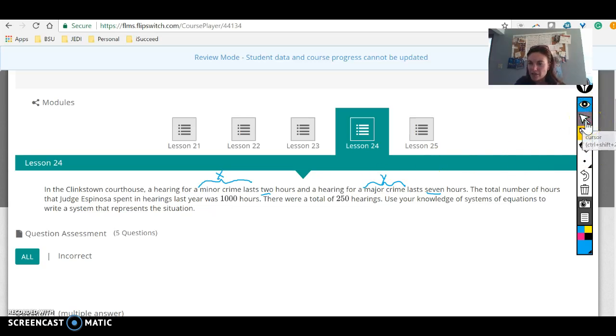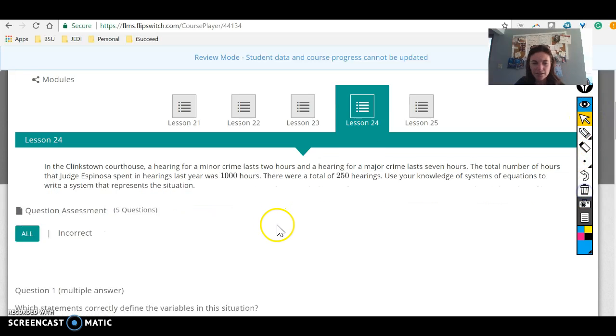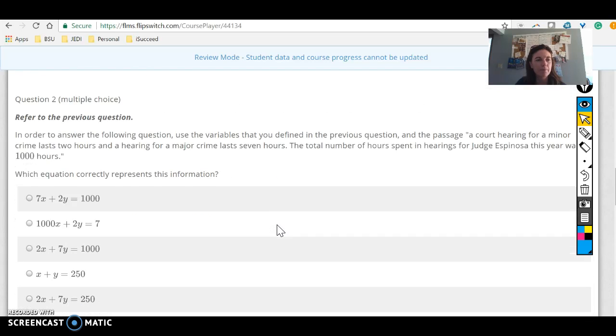So if I need to go then down here, in order to answer the following question, use the variables that you defined in the previous question and the passage. A court hearing for a minor crime lasts 2 hours and a court hearing for a major crime lasts 7 hours. The number of total hours spent in hearings for Judge Espinosa this year was 1,000 hours.